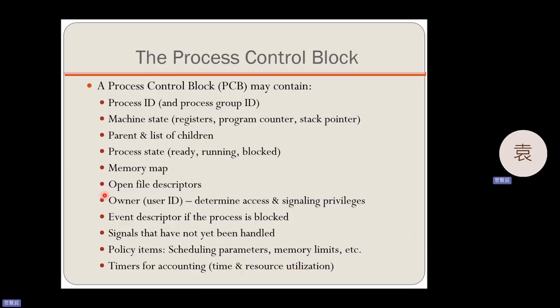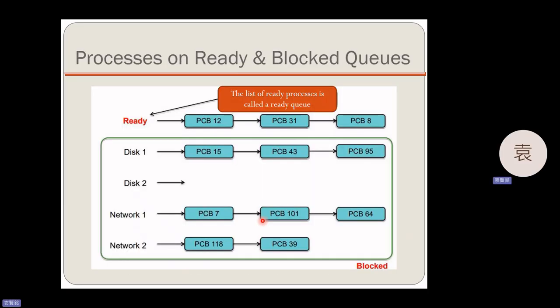So all this information is needed for an operating system to better manage a process. This information is in general kept in the process control block, and these blocks form a list. A process may be in two different lists or queues.